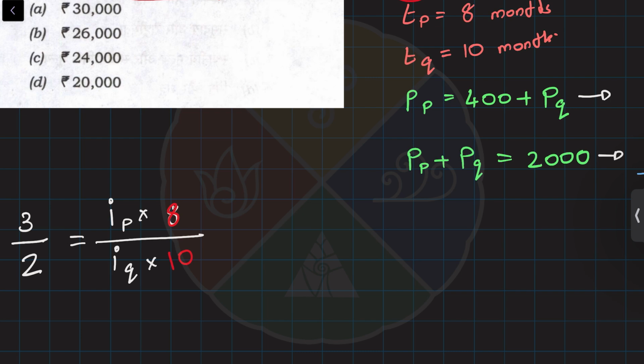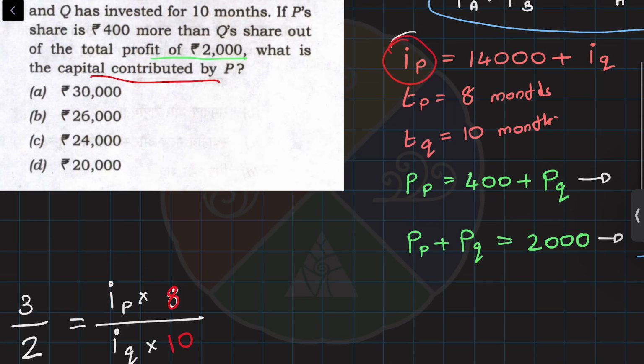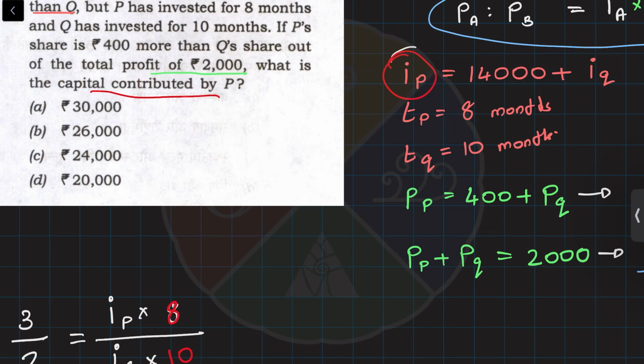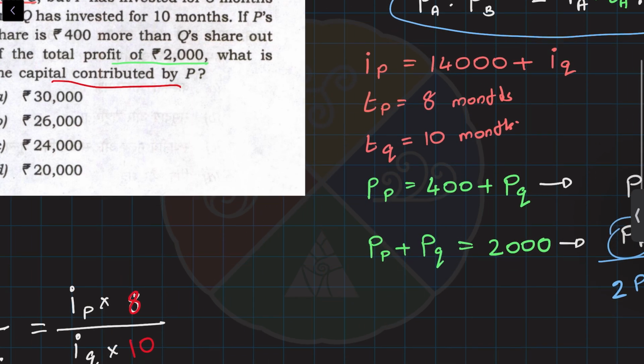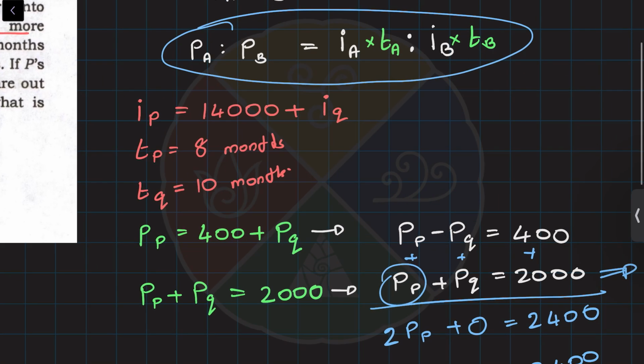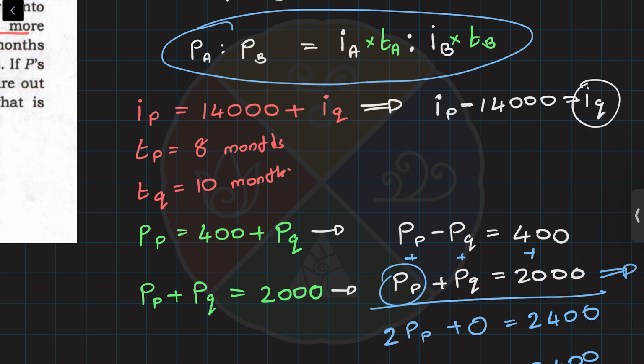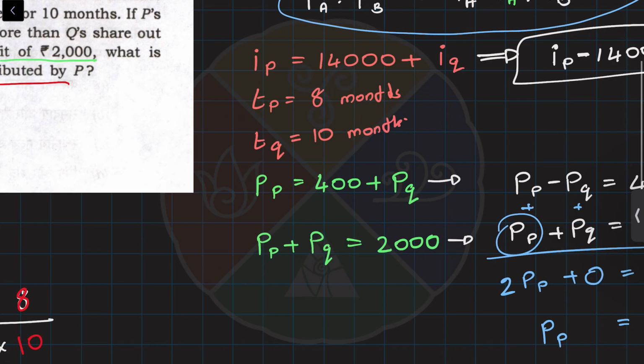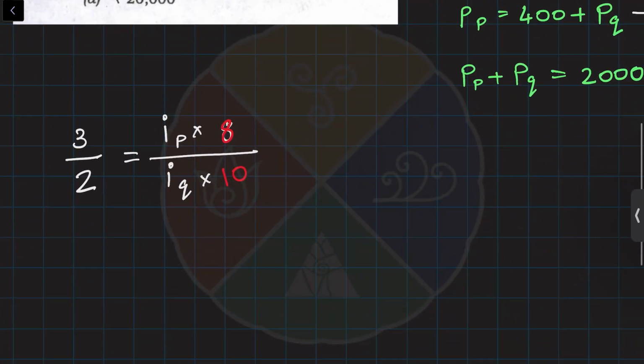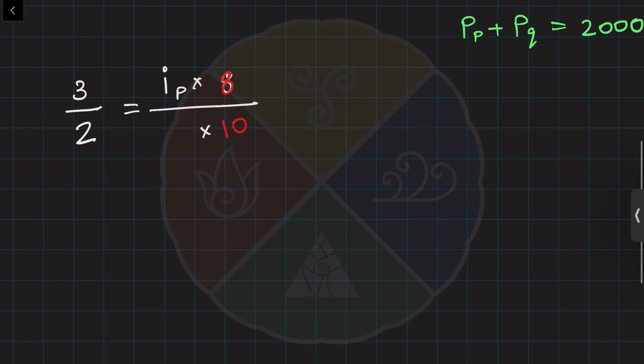Investment of P, let it be as it is because that's the value we are going to find. Investment of Q, I'm going to replace. From here I can say that investment of P minus 14000 is going to be investment of Q. So I will remove this and put investment of P minus 14000.